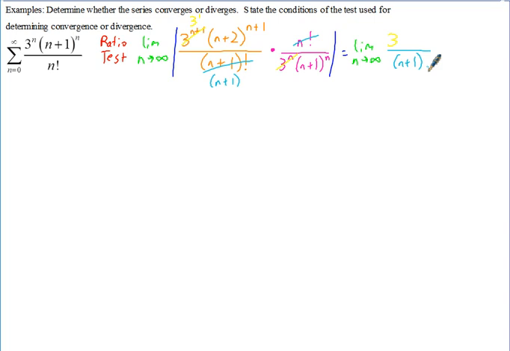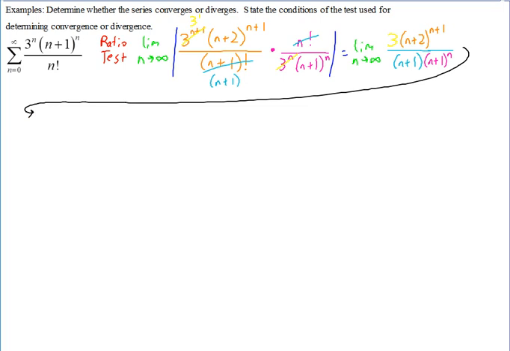And right now, we can't reduce n plus 2 to the n plus 1 and n plus 1 to the n, because they have different bases. So we'll just leave those, but they won't get affected by the absolute value because our terms are always going to be positive since we're starting at n equals 0. So we'll have n plus 2 to the n plus 1 divided by n plus 1 to the n. Now, you could substitute infinity, but let's try to make this as simple as possible before we do that.